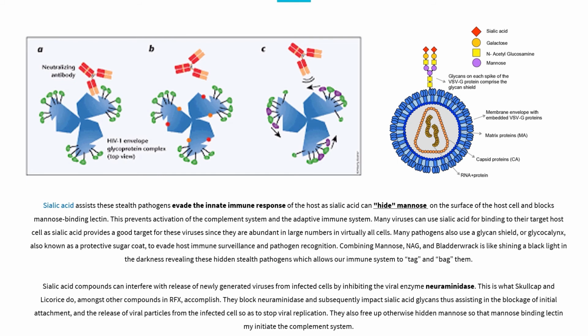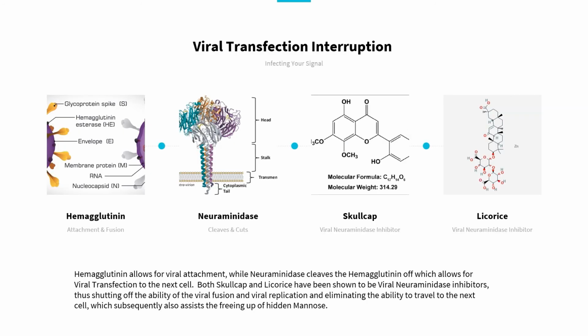They also free up otherwise hidden mannose, so that mannose binding lectin may initiate the complement system. Reverse Effects supports the body against viral transfection and interrupts this process.